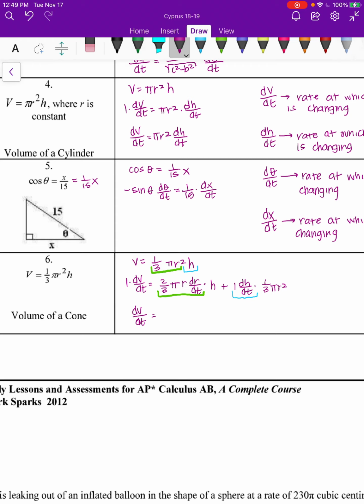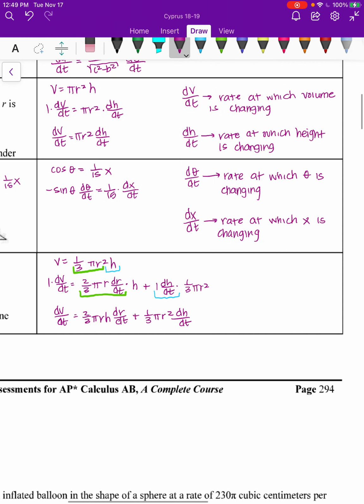We have dv dt equals 2/3 pi r, and I'm just going to pull that h out front of dr dt, plus 1/3 pi r squared dh dt. So the rates that I have in this problem, I have dv dt, which represents the rate at which the volume is changing.